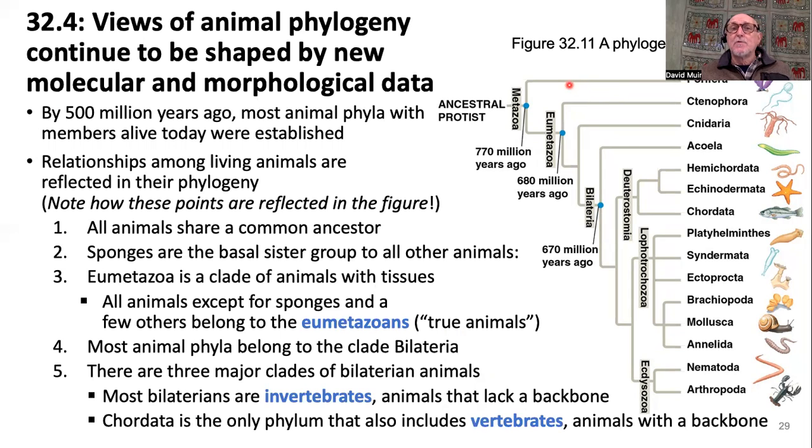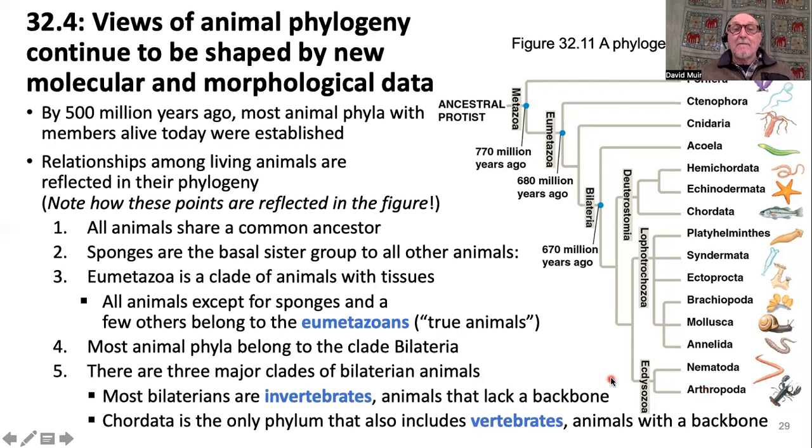Those with true tissues we call the Eumetazoa. There was a Eumetazoan ancestor approximately 680 million years ago, before the Ediacarans, and from those roots have arisen all of the other animal groups that we see here.